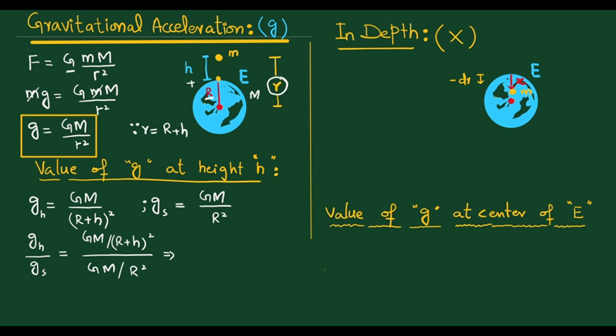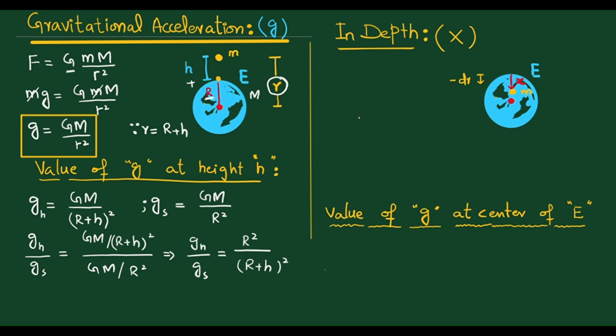The capital G and capital M will cancel out from the denominator and numerator. Then we will get g_h by g_s, the gravitational acceleration at height h and the gravitational acceleration at the surface of earth, equal to R squared divided by R plus h whole squared.